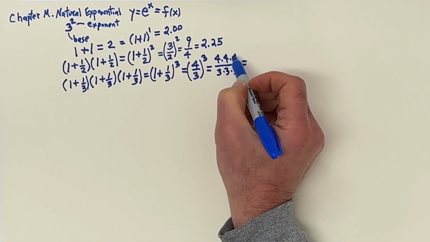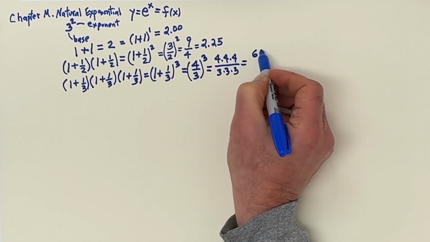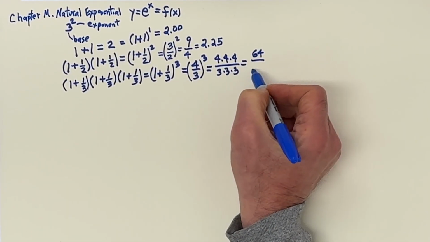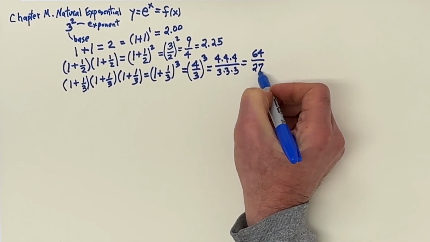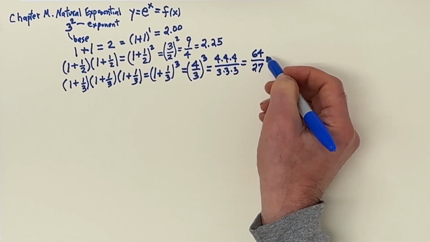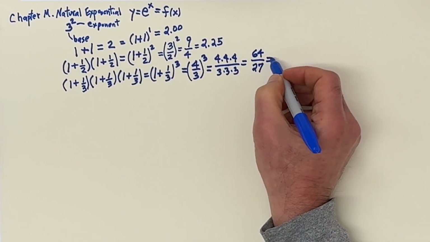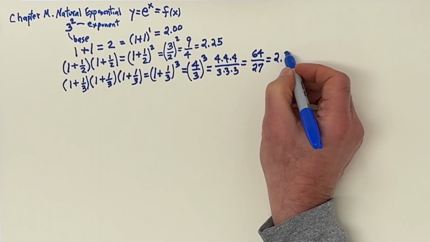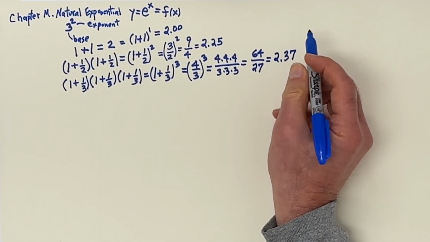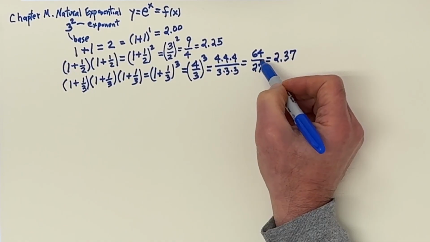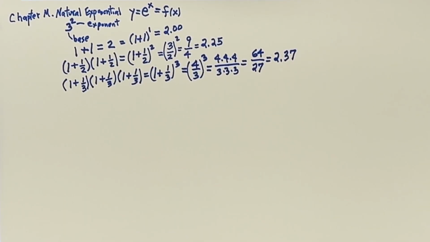So 16 times 4 is 64. And 3 times 3 is 9, times 3 again is 27. And with the calculator, we can calculate this. It's going to be 2.37. See, if you double the 27, you'd have 54. So it's a little bit more than double.